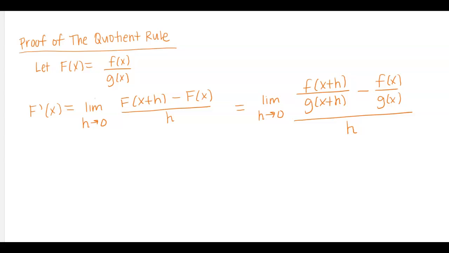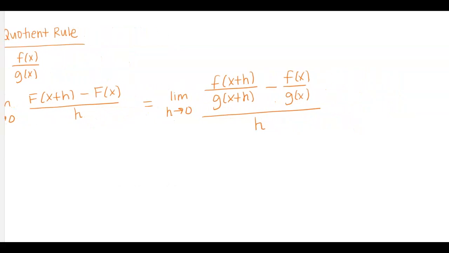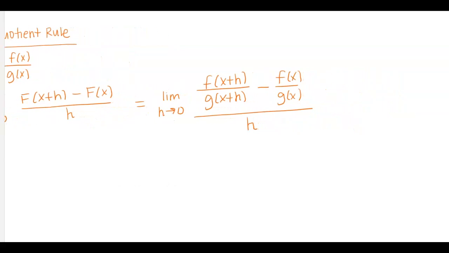So this is a complex fraction because I have a fraction in the numerator. So what I'm going to do is clear those denominators by multiplying the whole thing by g of x plus h times g of x in both numerator and in denominator.